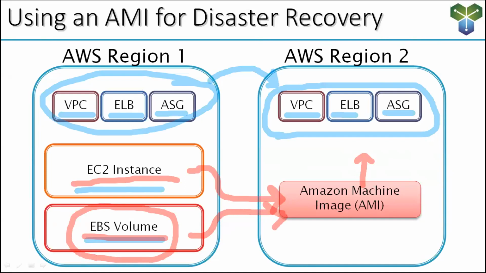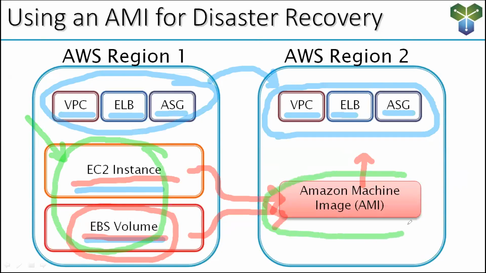So if you're more comfortable with traditional virtualization or traditional servers, think of this like an image, right? I've already created my perfect instance here. I've already been through the ringer with this thing and have set it up exactly the way it needs to be. I'm capturing a complete image of that instance, and I can copy those AMIs to another region if I want to.